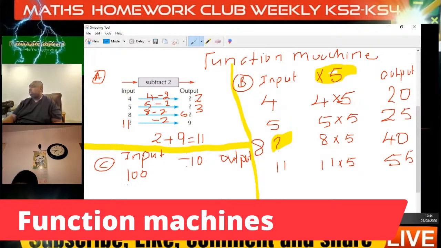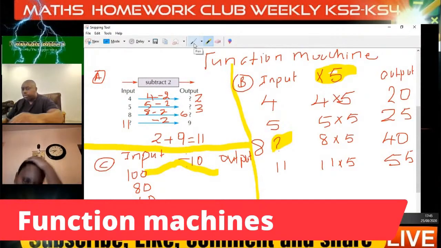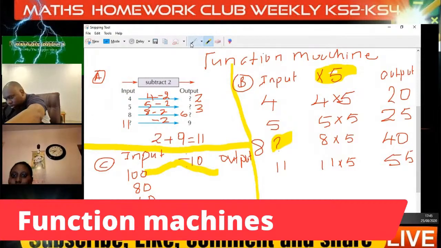The input is 100, 80, 60, right? And what if I said the output at the last one here is 5? Okay, so my input, you got 100, Denzel. 100 divided by 10. What's the output? 100 divided by 10. What is it?